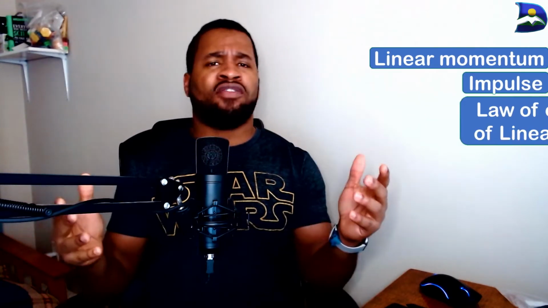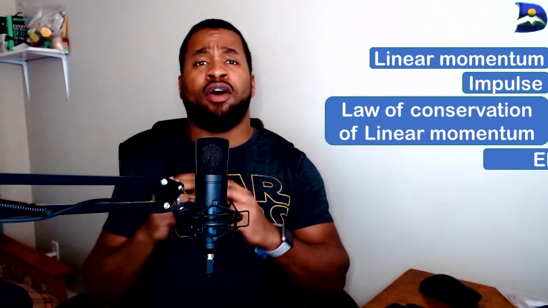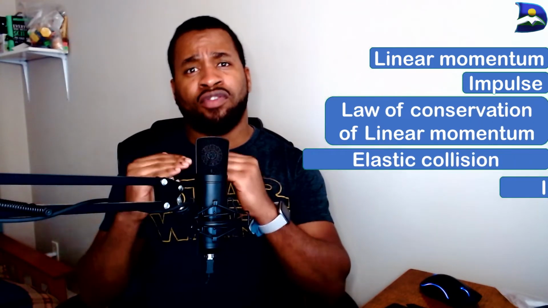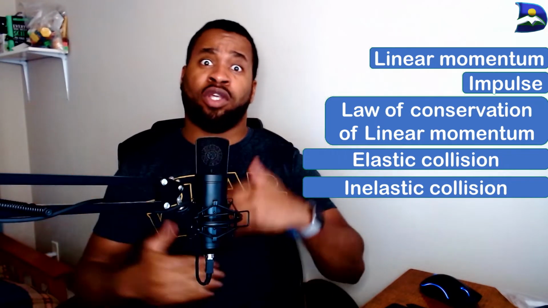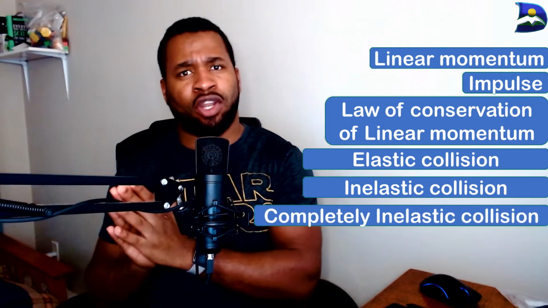How is this applicable to the laws of conservation of linear momentum, and also how that connects really well to the elastic collision, which is the opposite of inelastic collision, and how you can have completely inelastic collision happening in various objects when they are in contact with each other. Various interesting formulas will also be addressed, and all these formulas are really important because they are really rightly connected to the mass and the velocity as you observe.